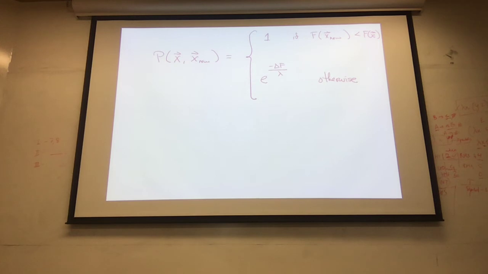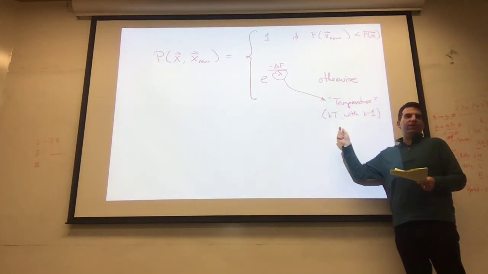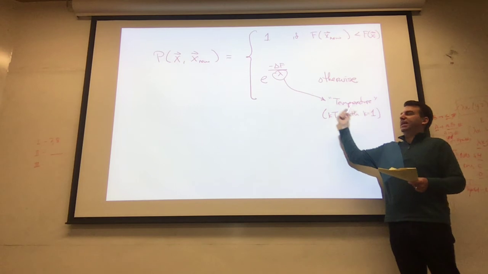And this lambda here is our temperature, so it's kind of like we're saying kT with k equal to 1. We don't actually need a real Boltzmann constant, so we just assume a one-to-one trade-off between temperature and energy.